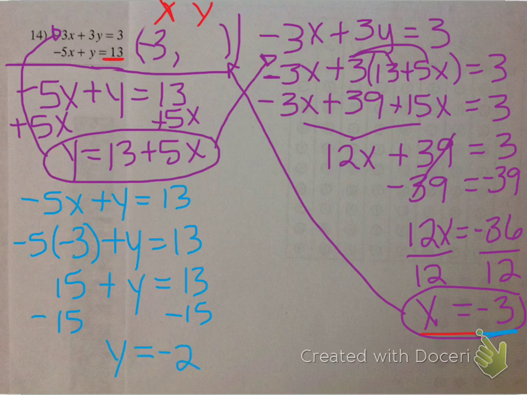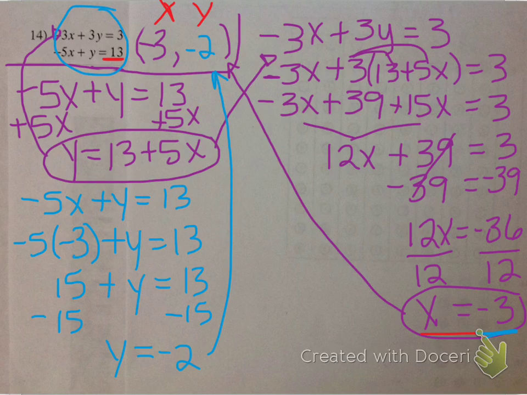So my solution needs to go up here, negative 2. Now, if I graph these two lines, they should cross at -3, -2. And that's my solution to this system of equations, where those lines intersect.